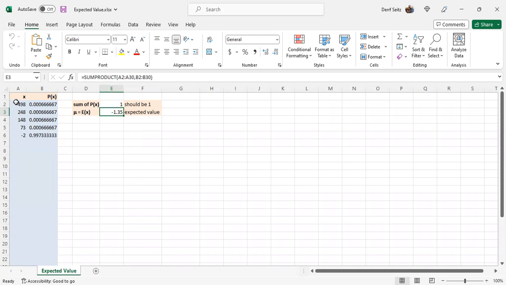This data here for this particular probability distribution has some meaning behind it that I'll explain. There's a few tips here.